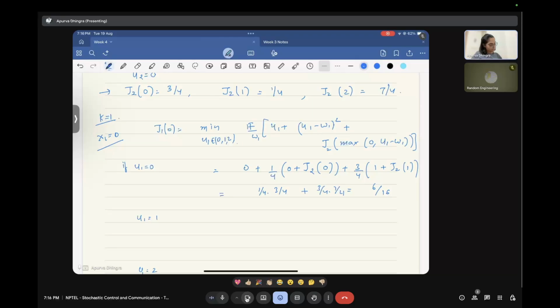When that happens, the j value would be 1 plus, with 1/4 we get, with 3/4 we get 1 minus 1 is 0, so j2 of 0.